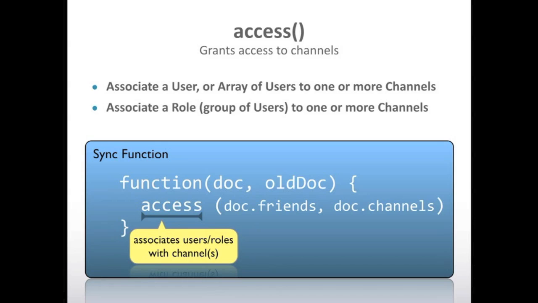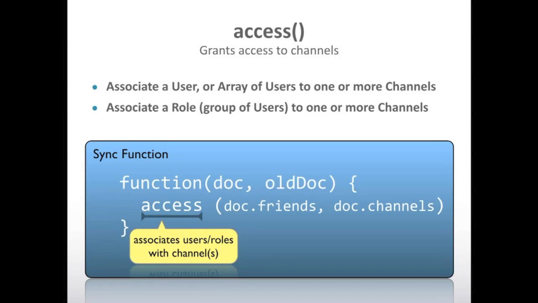Each parameter can have either a single string or an array of strings, so it's one-to-one or many-to-many, depending on whether you have a single string or multiple in an array. The first parameter is the users, and the second is the channels that those users and or roles will be associated with, and that's what the access function does.